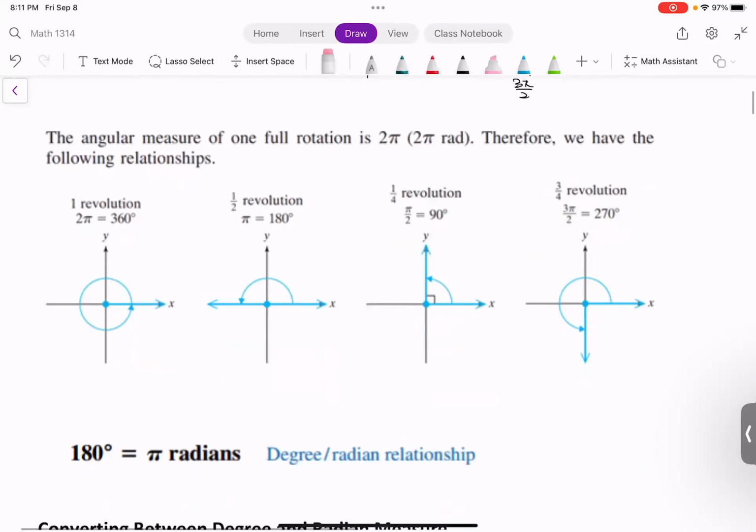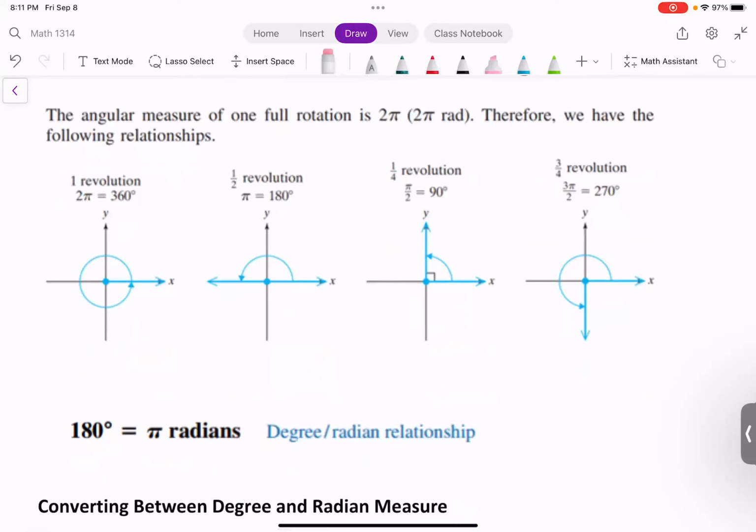Let's see the relationship between the radian measure and degree measure. One full rotation, or one revolution, is 2 pi. That equals 360 degrees. And the half of the rotation is pi, which is 180 degrees. Next one, this is 1/4 of the full rotation.